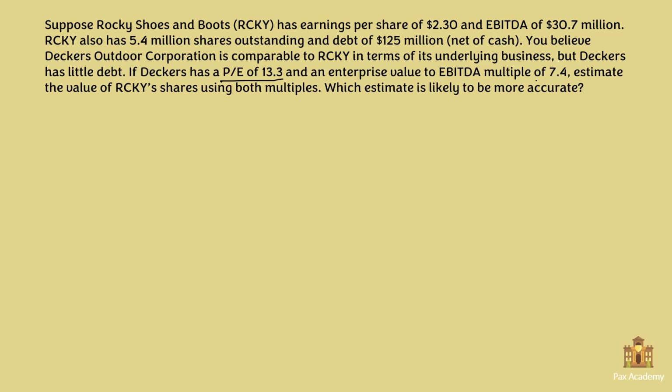So here we're going to have to use these two multiples to estimate the value of Rocky's shares. First we have that the PE ratio is 13.3 and the enterprise value to EBITDA multiple is 7.4.